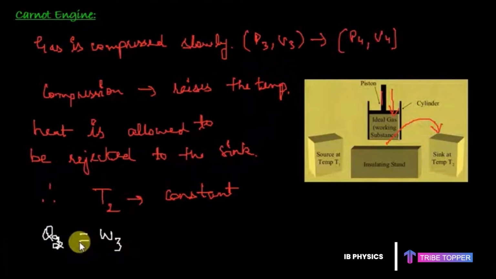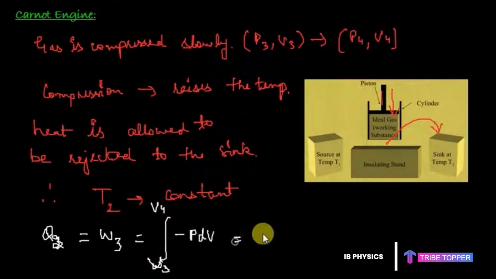So Q2 is equal to W3, and that is now the integral of negative of PdV, negative because the work is done in compressing the gas. So we are doing it from volume V3 to V4, and we again get it as RT, but this time with a negative sign. So RT2 log of V4 by V3, following the same steps of integration.